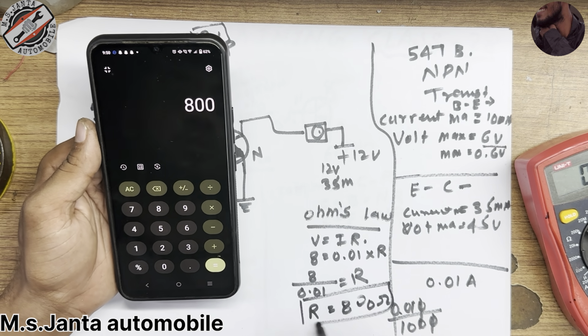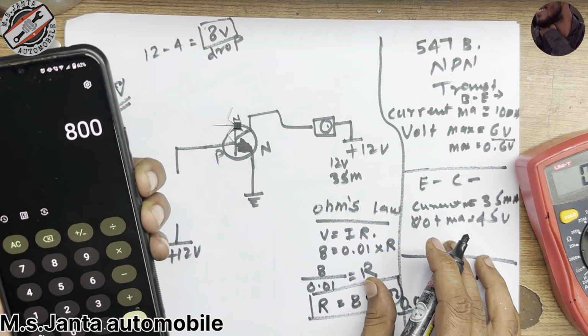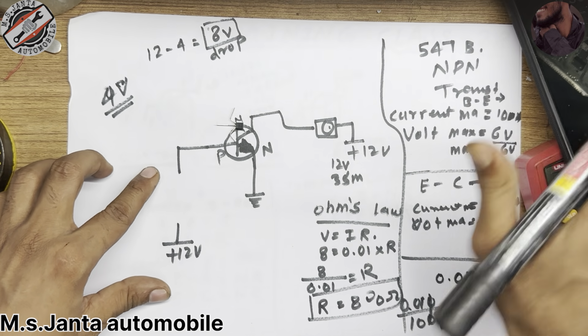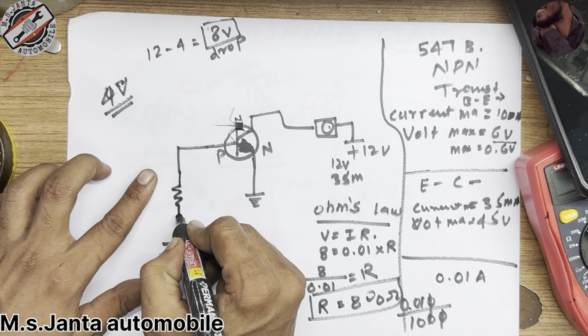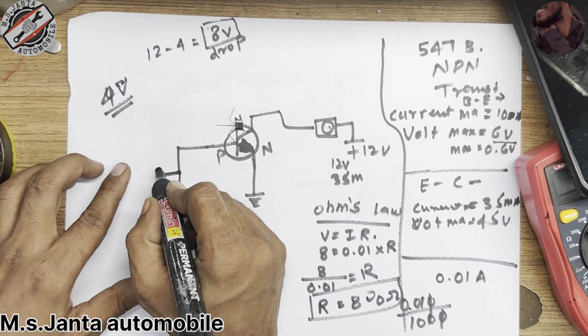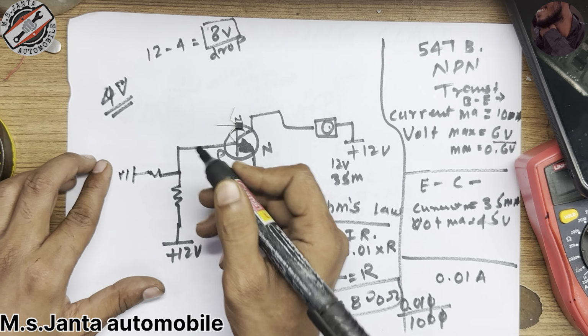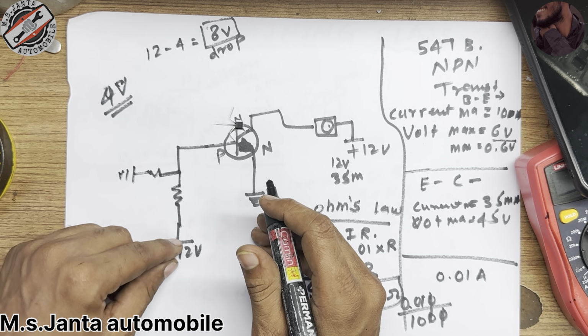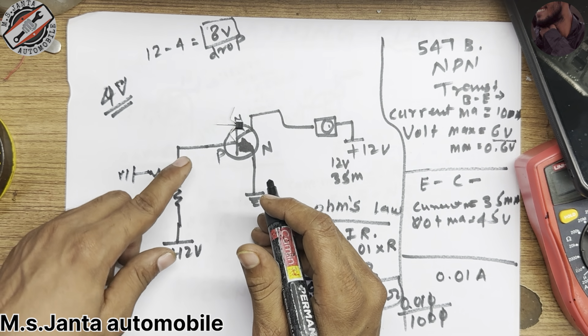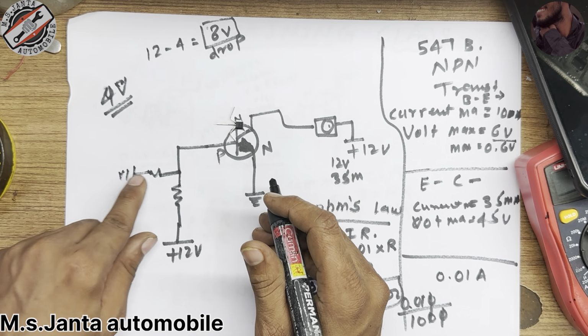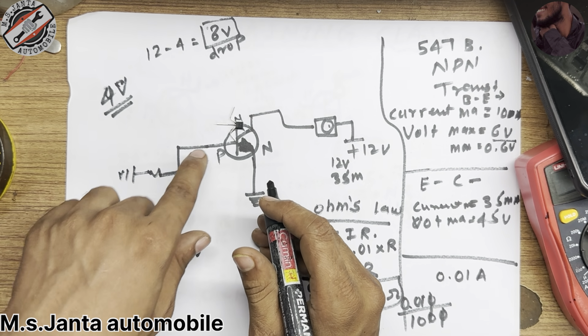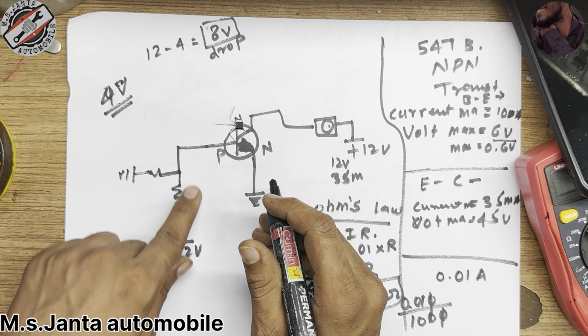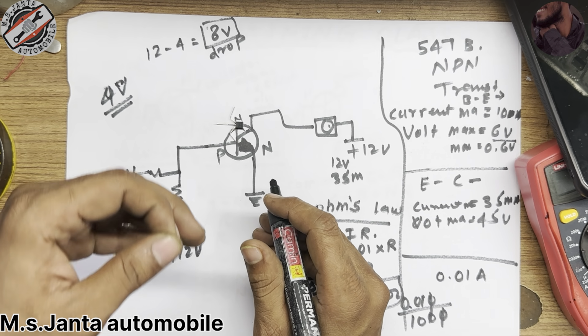So we got the ohm, but I want to make the circuit like that. This is the transistor like that. When we turn on the 12 voltage, on that time it will be on. When we cut out this voltage, on that time it will suddenly shut down. That's why we call this circuit a voltage divider circuit.